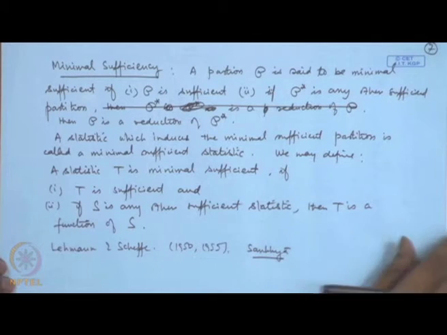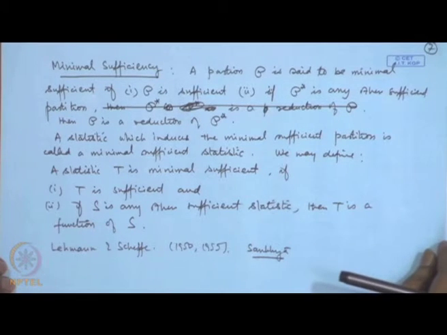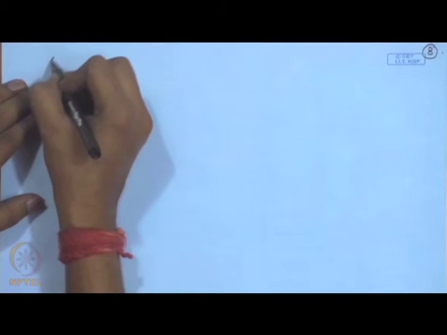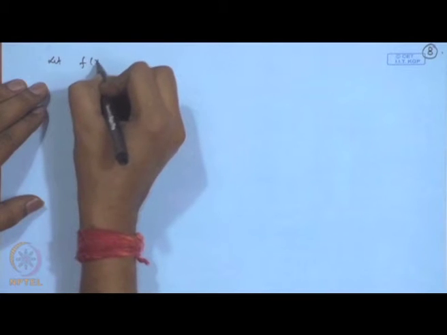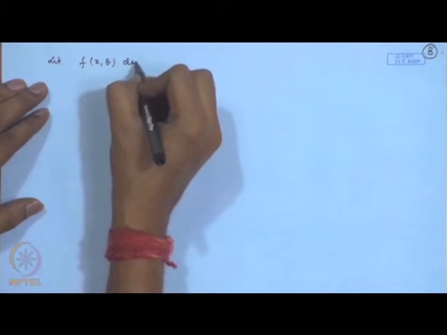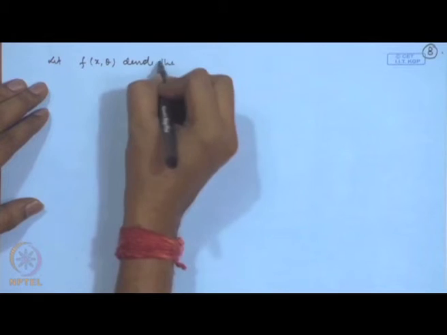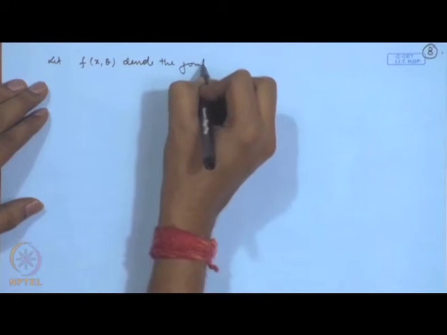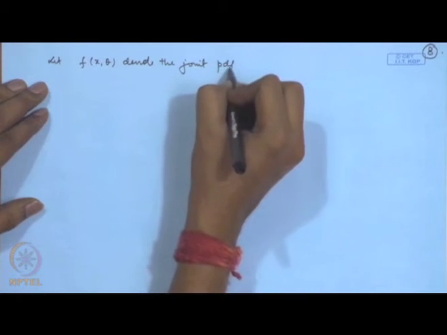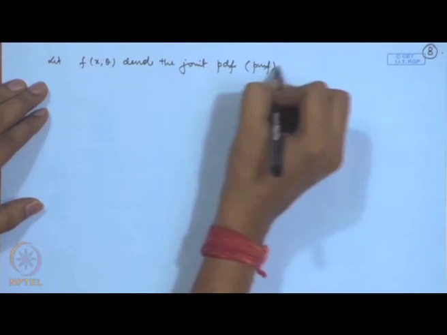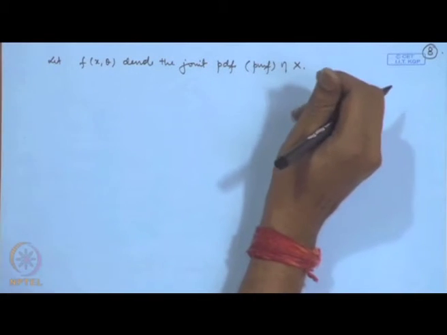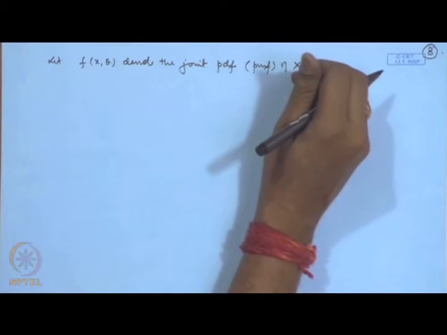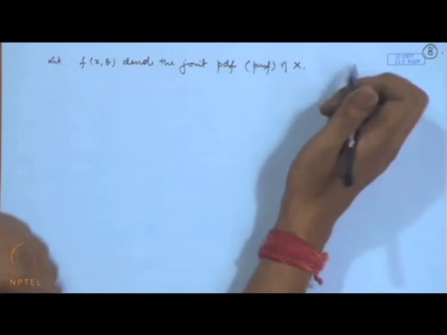We consider here the case when the distribution is either discrete or continuous. So, let f(x, theta) denote the joint probability density function or probability mass function of x. That means, we have observations x1, x2, ..., xn, which we are calling x here.